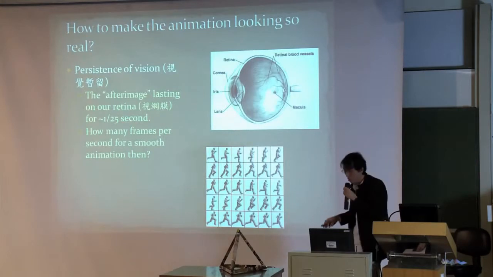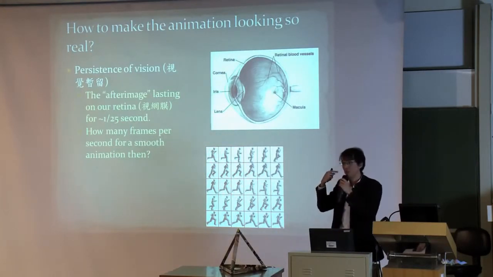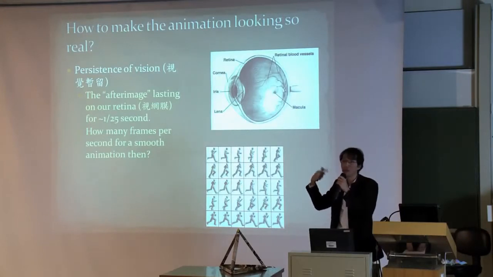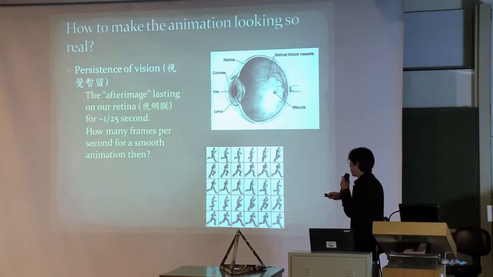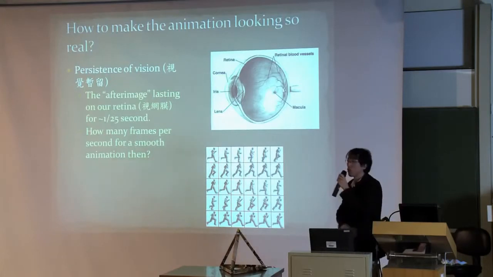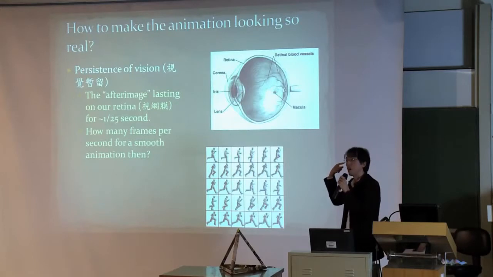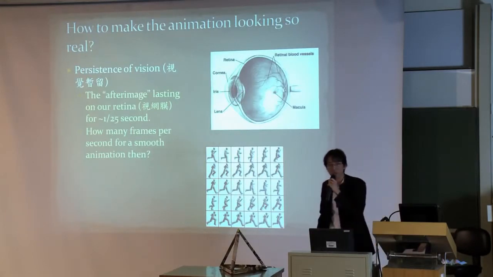The optical signal on our retina could, you may say, memorize the image for about 1/25 of a second. That means we need roughly 25 pictures in a second to tell our eye that it is a smooth image, or a smooth animation.